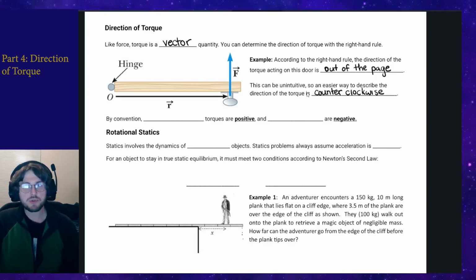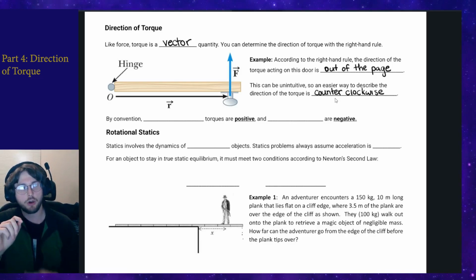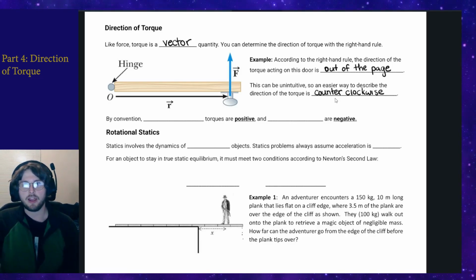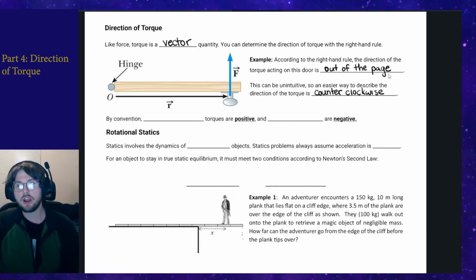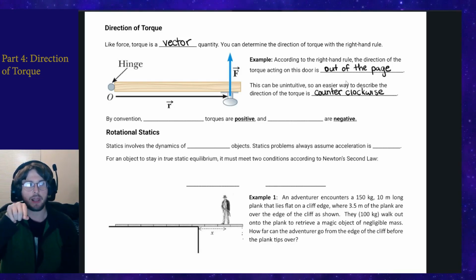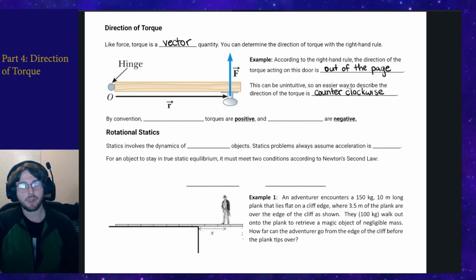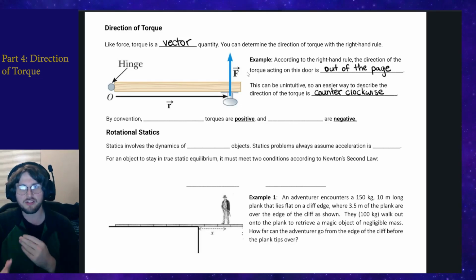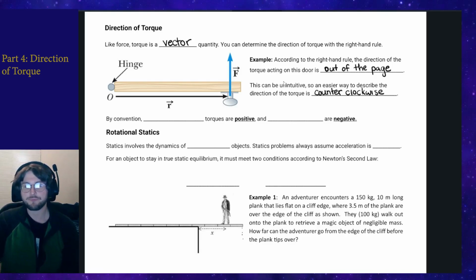The only other option would be clockwise. So you have two options, two directions that this thing could possibly go in, positive, negative. And the only other option we have to work with here is maybe into or out of the page. Two options. While intuitively the into or out of the page direction doesn't make a whole lot of sense, just know that it's kind of a mathematical thing.